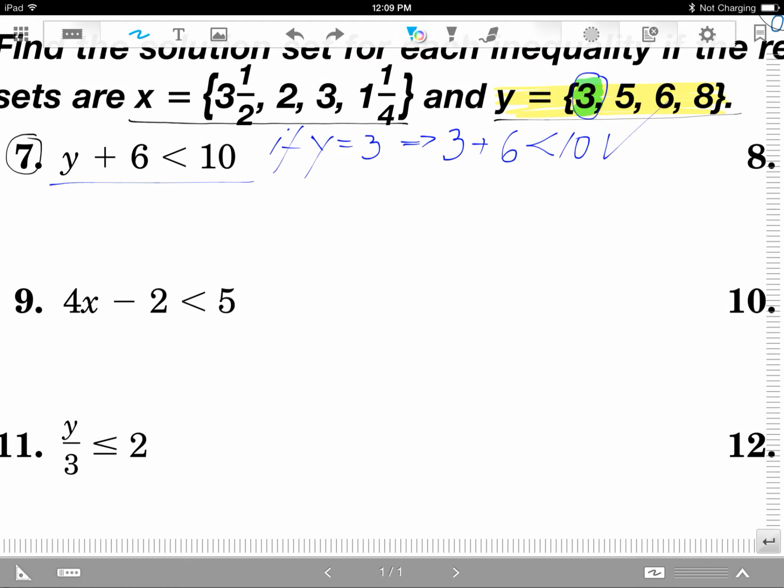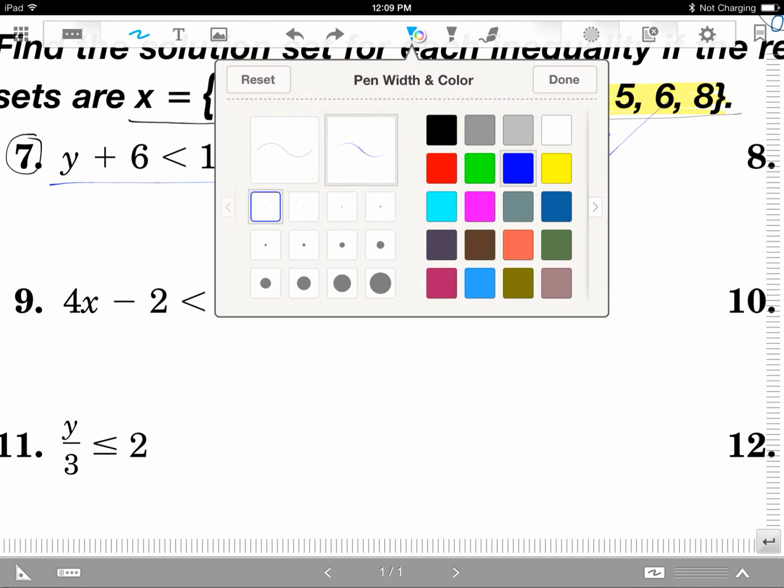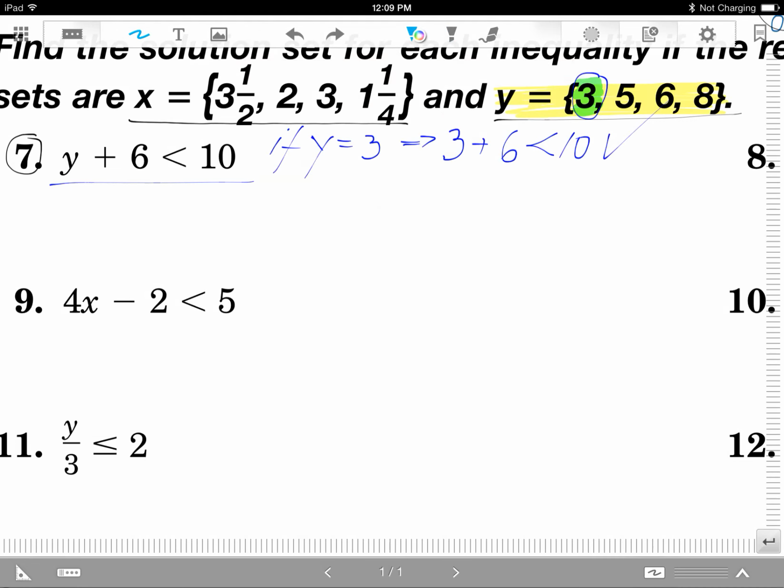Moving on. I'll choose a different color. I'm going to take the next number in the replacement set, 5. And I will say if y equals 5, what's going to happen to my expression here? Well, your expression will become now 5 plus 6 less than 10. But 5 plus 6 is 11. 11 is not less than 10, so this is not good.